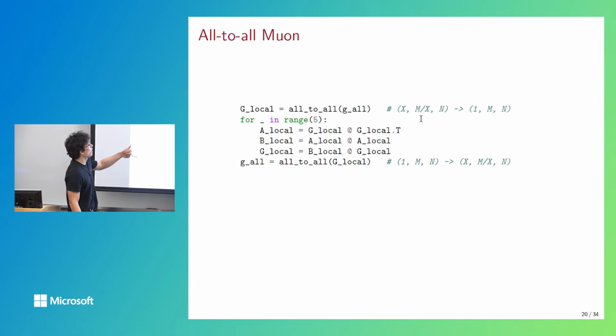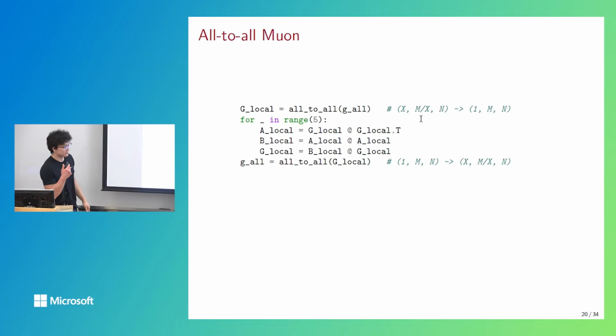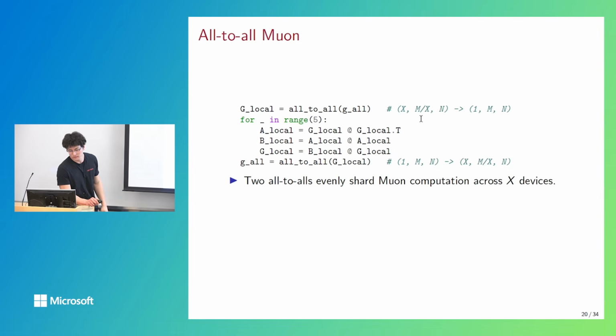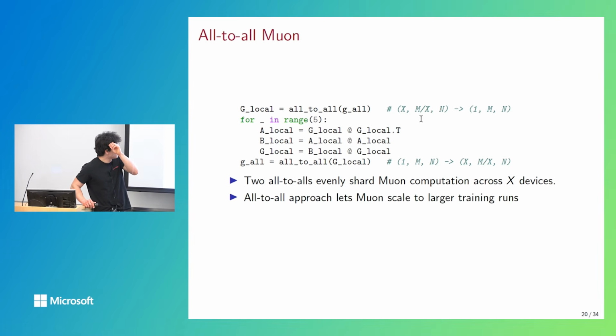And then you can do all-to-all again to get the batch shards again, ready for the next forward and backward passes. So in other words, 2 all-to-all communication collectives will evenly shard the Muon computation across that dimension, and will let us scale Muon even to larger training runs.